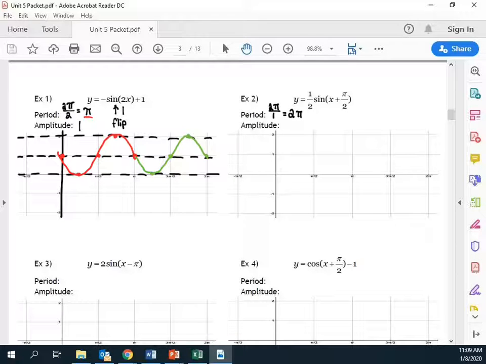So that means the good thing is there is no stretch or compression here horizontally. This sine function is still going to look stretch-wise the same. Right, Josh? Yep. So, with our amplitude, what is our amplitude now? 1/2.